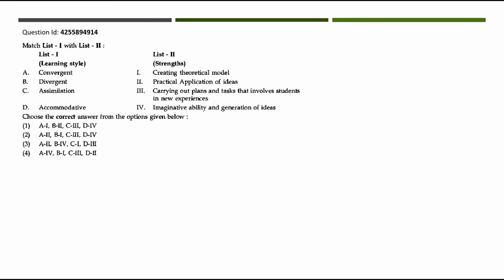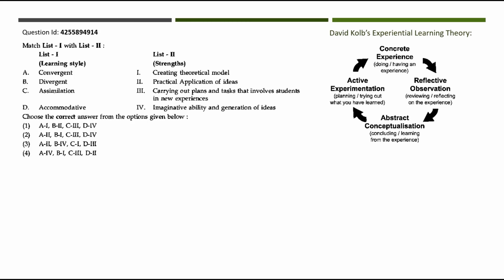Next question, match list 1 with list 2. List 1 has learning styles and list 2 has strengths. Before matching these two lists, I'm going to give you the background behind the learning styles. We have David Kolb's experiential learning theory. In that we have concrete experience, reflective observation, abstract conceptualization, active experimentation.